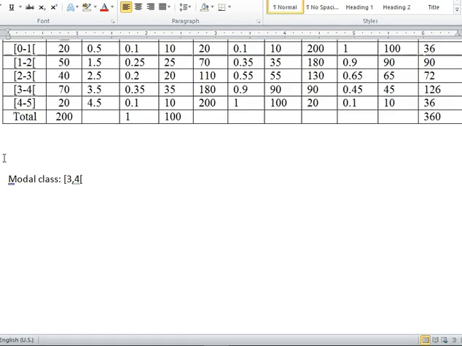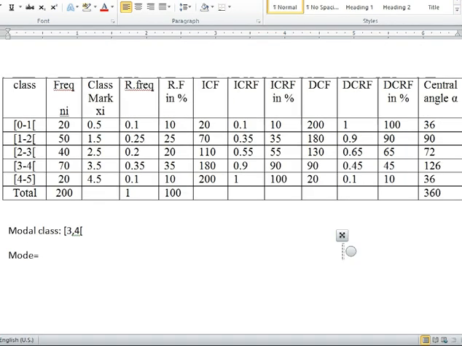How can we find the mode? The formula is: mode equals LB, the lower bound of my modal class. Why are we looking at the modal class? Because you are finding the mode.